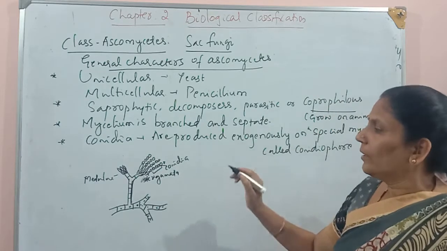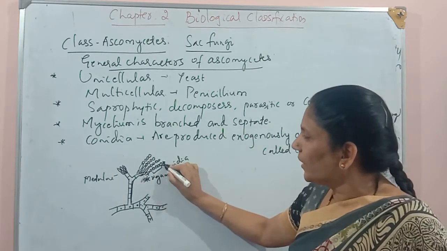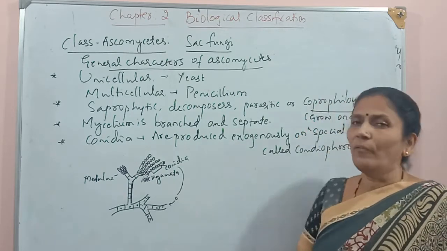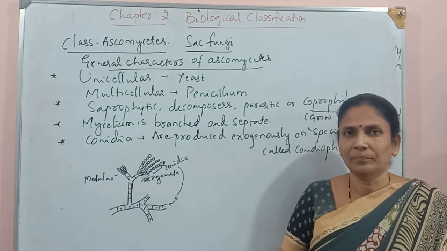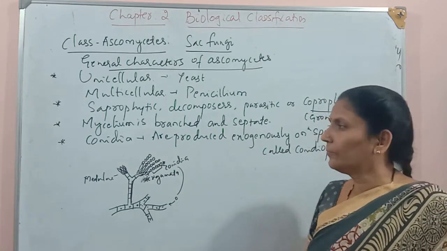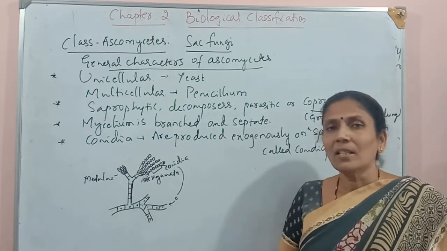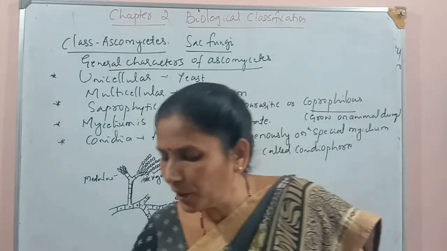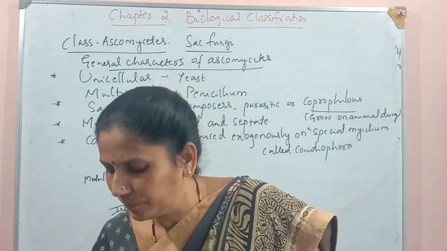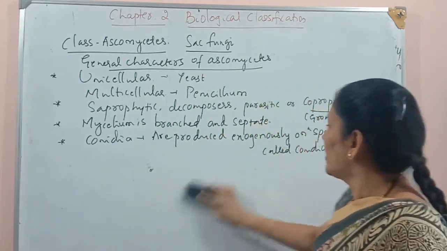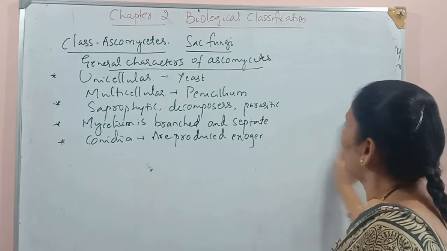When a single conidium detaches and falls on the ground, it develops into vegetative mycelium. So these are the asexual spores. Next are sexual spores. So we will discuss the ascospores. Sexual reproduction results in ascospores.